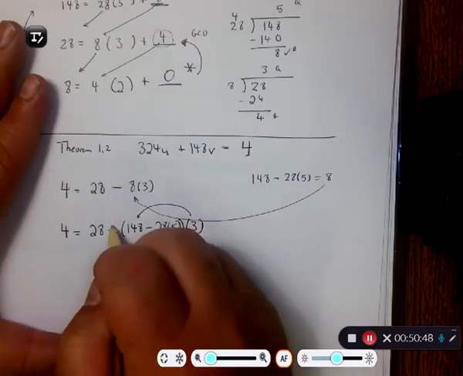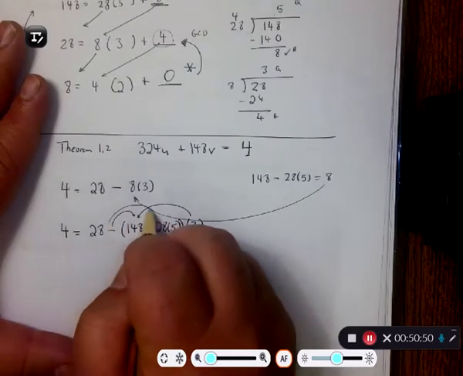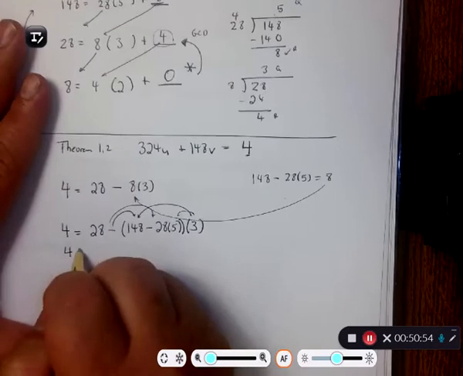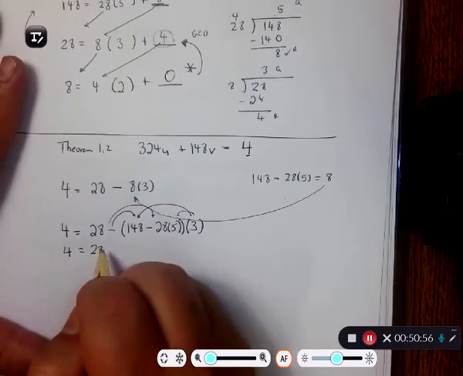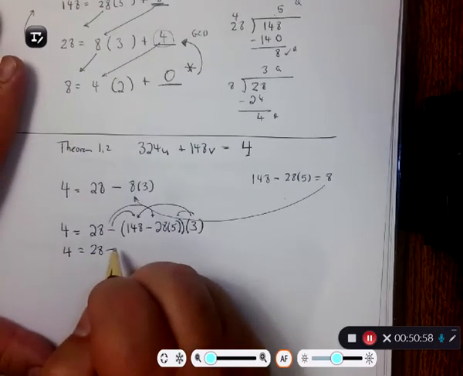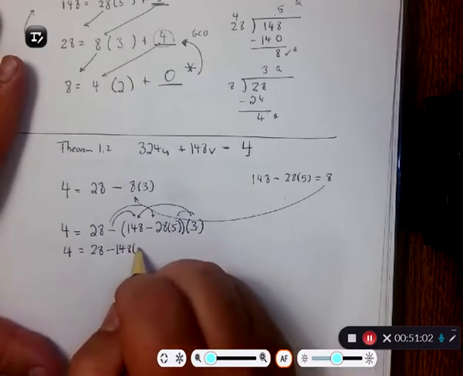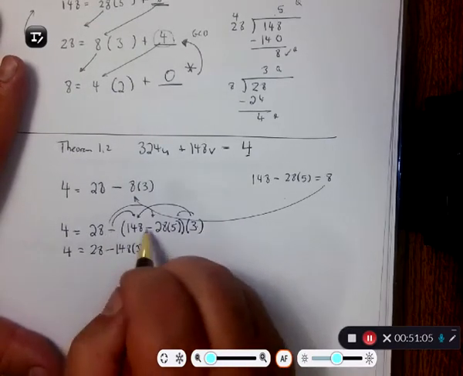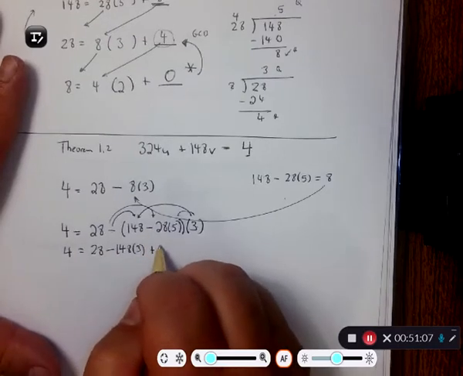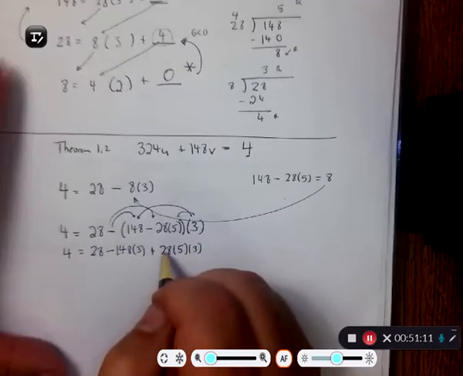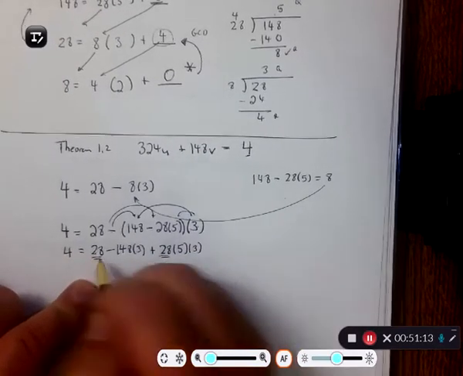Distribute the 3 and distribute the negative. This gives me 4 is equal to 28 minus 148 times 3. A minus makes it plus 28 times 5 times 3. Now I'm going to try to keep these numbers that were there originally.